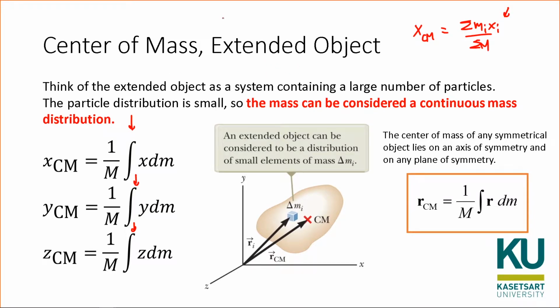For example, if you have a small mass over here and a distance away, to find the sum of m_i x_i, this is another m_i x_i as well. If you look at it in terms of comparison, this mass may be supposed to be over here with the small mass.